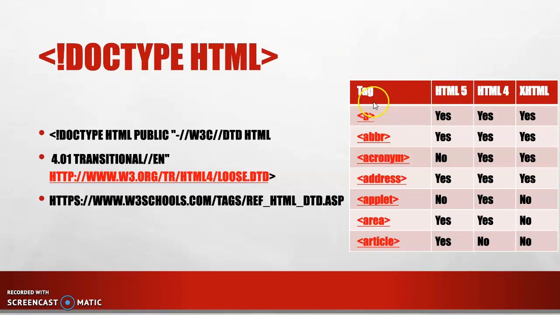So when things get unsupported, you can't use them anymore because they're no longer being manufactured or supported by the web browsers. Support is really based upon a web browser, because what can happen is HTML5 may not support something, but your web browser still supports it.